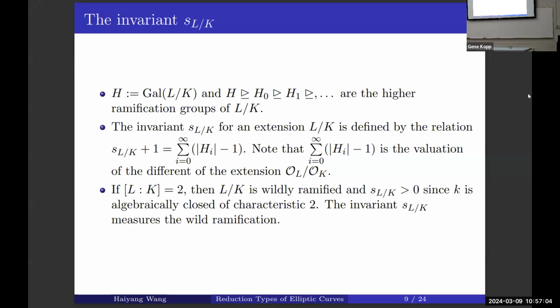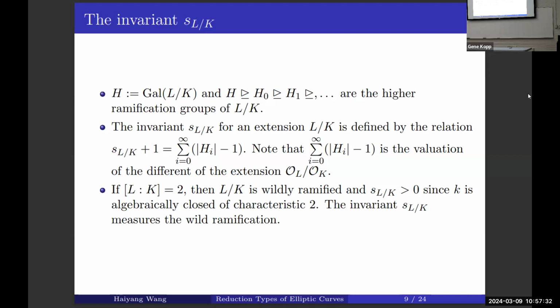Before I state the results that address the previous question, we will need the following invariant. Let H be the Galois group of L over K, and let H_i be the higher ramification groups of L over K. The invariant S_{L/K} can be defined by this equation. Note that the right-hand side of the equation is the valuation of the different of the extension O_L over O_K.